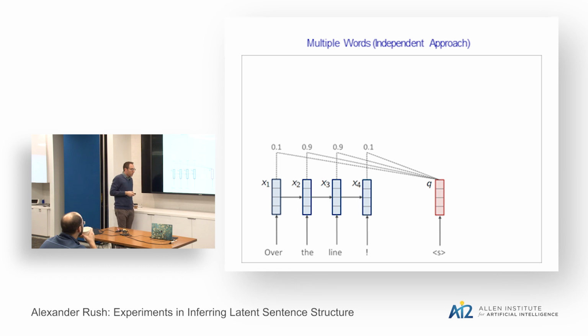Now, what if we wanted to do the same thing, but we wanted to have multiple words be selected by the model itself? So instead of having a distribution that says there's likely one place, let's say we wanted to allow multiple positions to contribute to our output. So instead of having a softmax, you can instead have just a sigmoid at each of those positions.